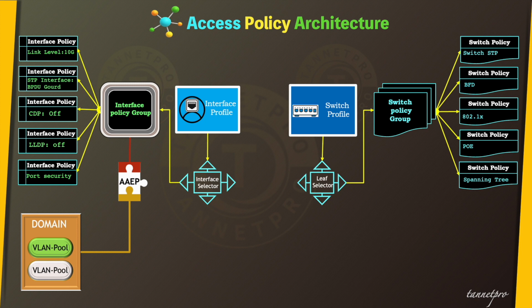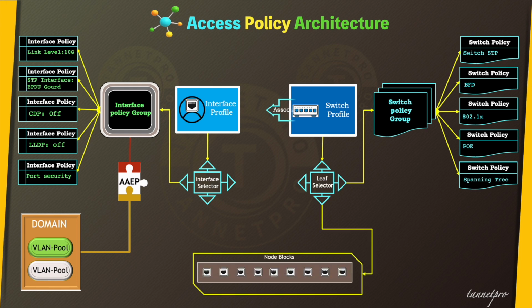So during switch profile configuration, on the leaf selector option, you will get the option to select the switch you are going to select. So here you have selected one switch, and you have associated it with your interface profile, and under your interface profile the interface selector, you have to select one switch interface. Now this architecture is complete for you.